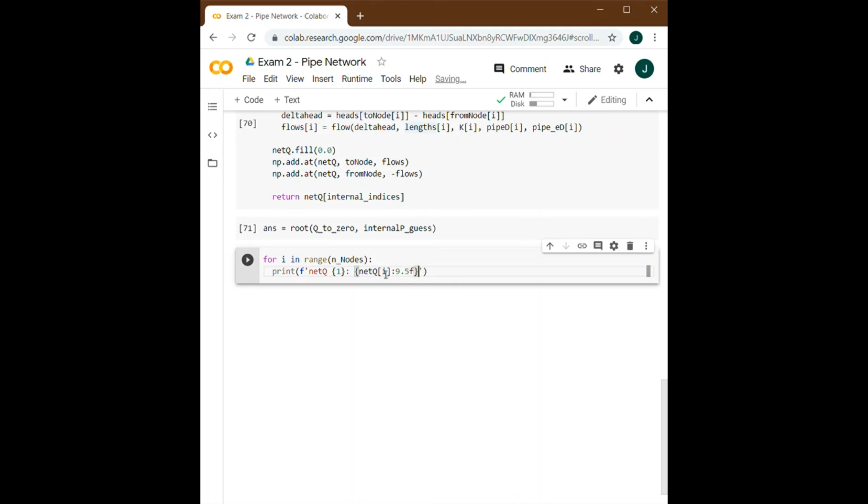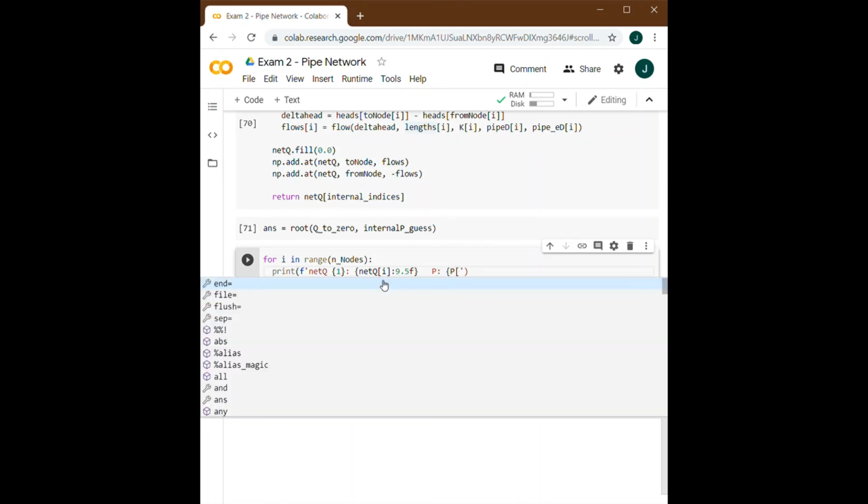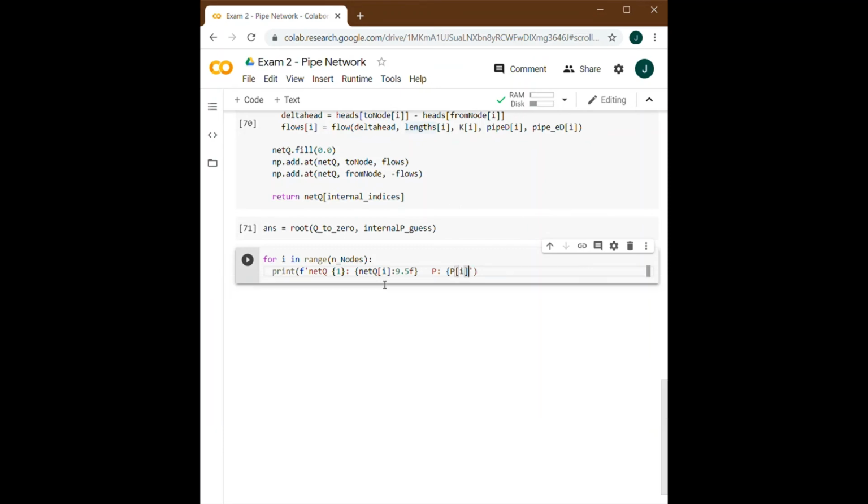So now that we have our net q, we're going to throw in little spaces and show off our pressures. So P of i, colon, 9.0f. We want to round the pressures to the nearest whole number, because the pressures are in pascals, which means they're going to be a bit larger.